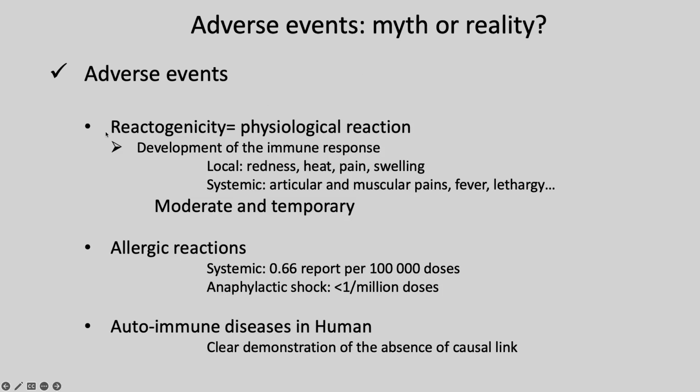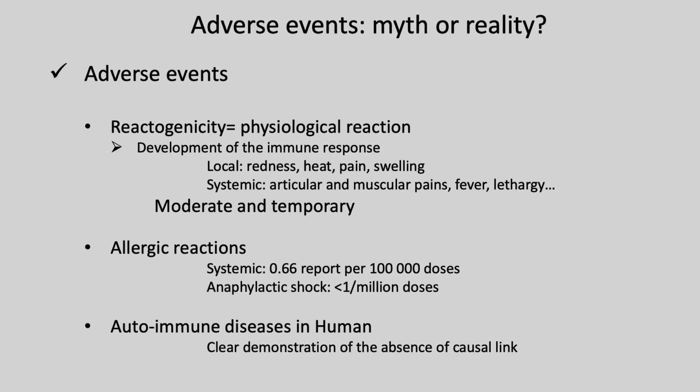The first one is what we call the reactogenicity. And the reactogenicity is clearly a physiological reaction. It's the consequence of the development of the immune response. An immune response always starts by an inflammatory response.